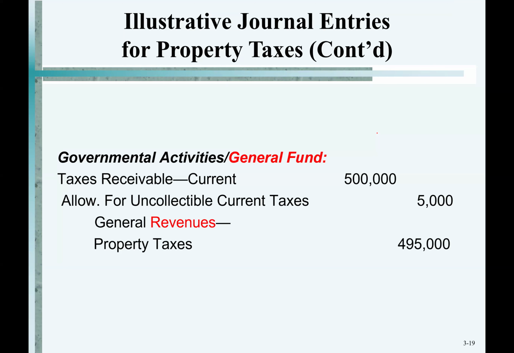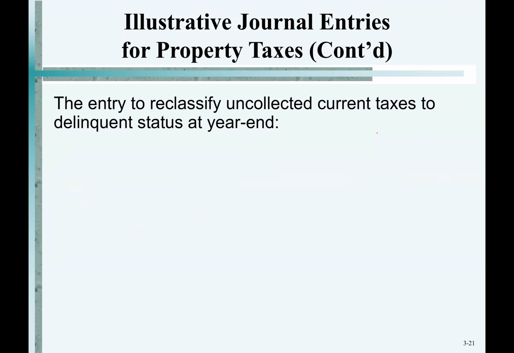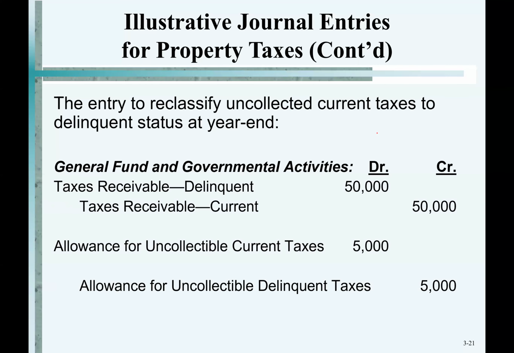That might be interesting. Anyway, you can see here, GASB says reduce the revenue by the amount you're not going to collect, and that's contemplating this transaction. As we start to collect, we'll debit cash, credit the tax receivable. Now, some folks will go into a delinquent status, unfortunately.